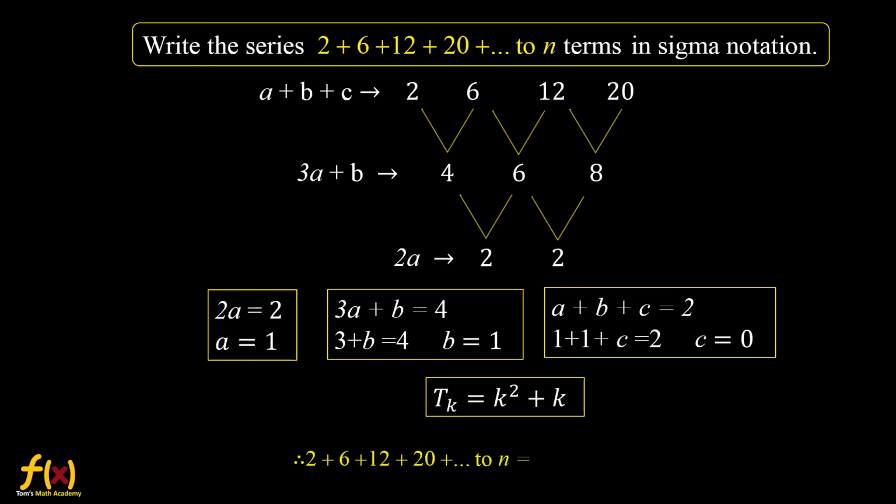So this series is written in sigma notation, k equal to 1 to n. We have to use n here, that's why we wrote the general term as Tk, not Tn. So we get k squared plus k as the general term, and this is the sigma notation.